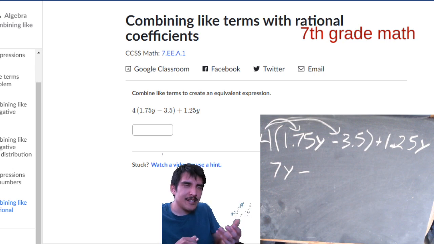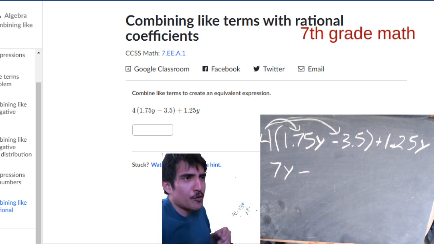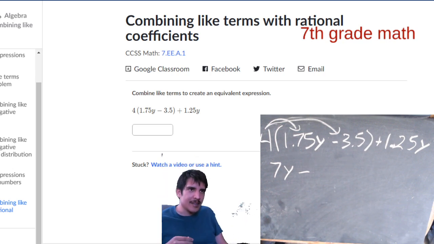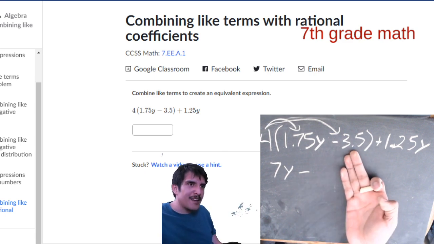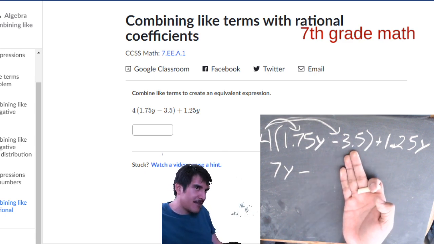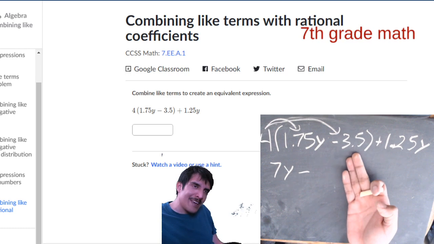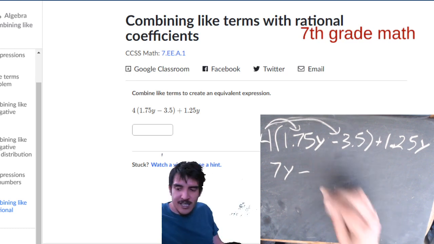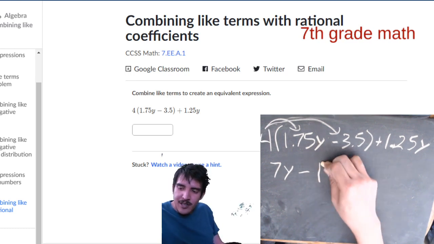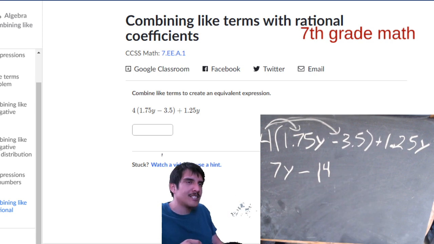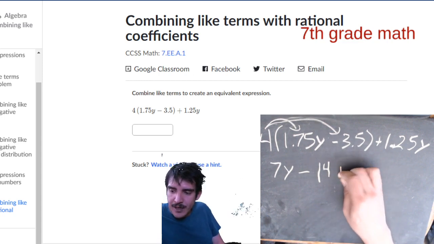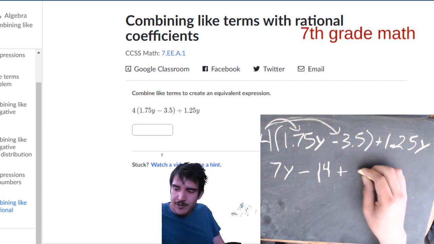If you do anything times 4, you just got to double it and then double it again. So what's 3.5 doubled? That's 7. Then double that again. That's 14. Mental math is better, I think. And then 1.25y.